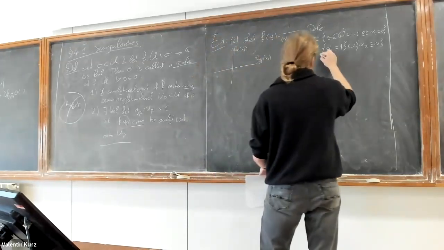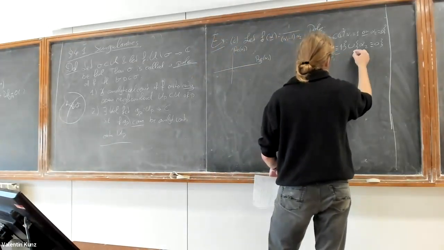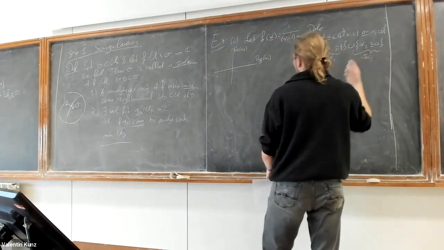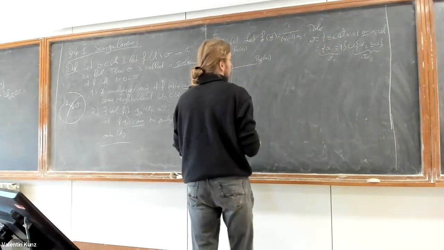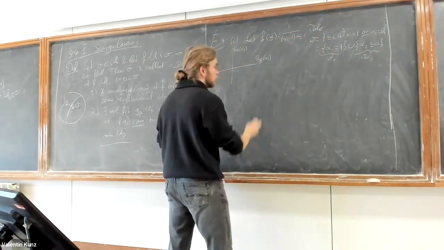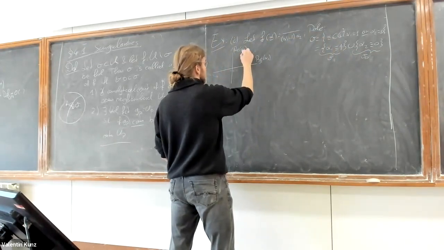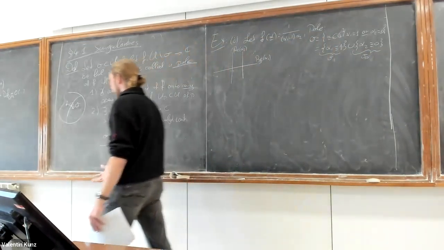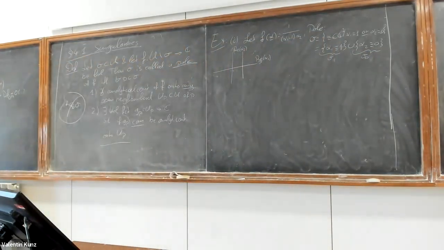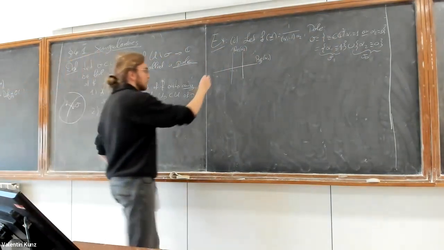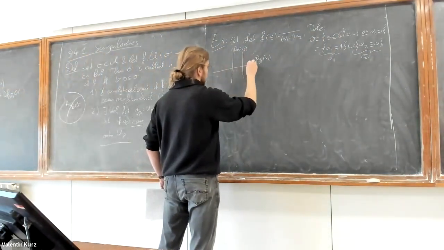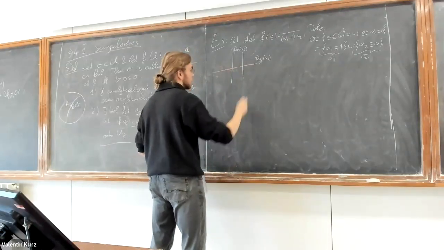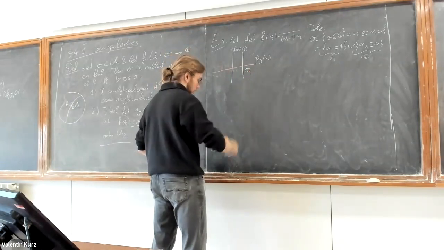If I say that this is sigma 1, and this is, let's call it, sigma 0, then one singularity looks like this, and the other singularity is just like this. So this would be sigma 0, and this would be sigma 1.